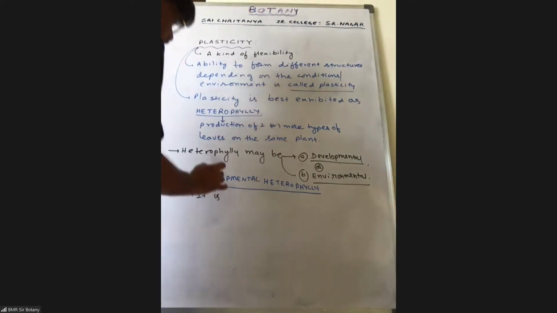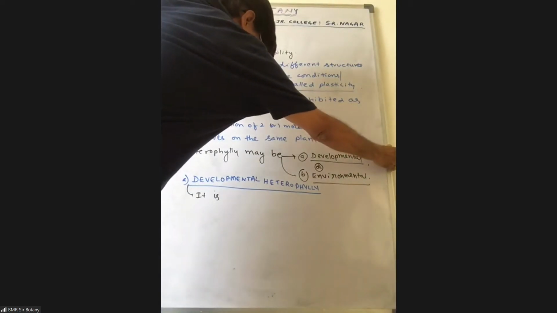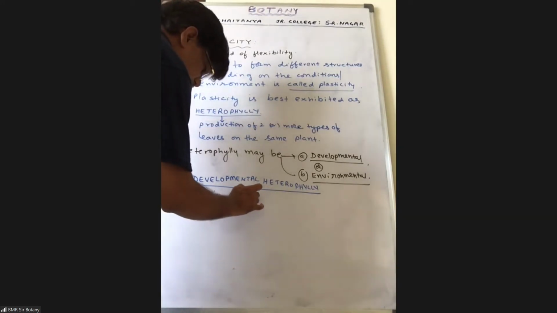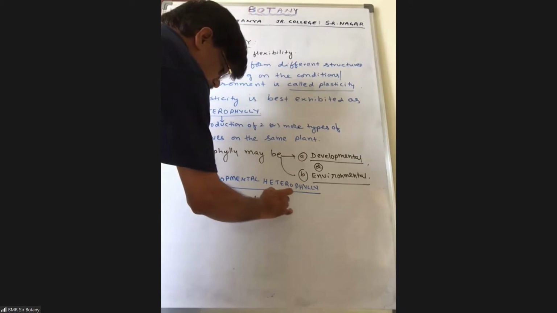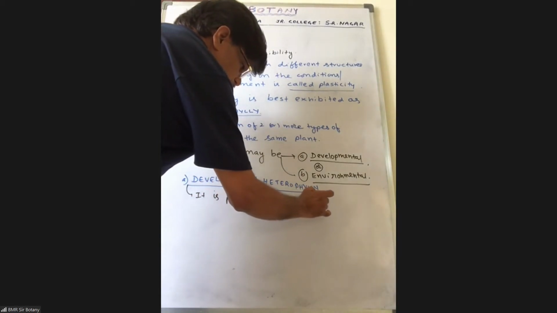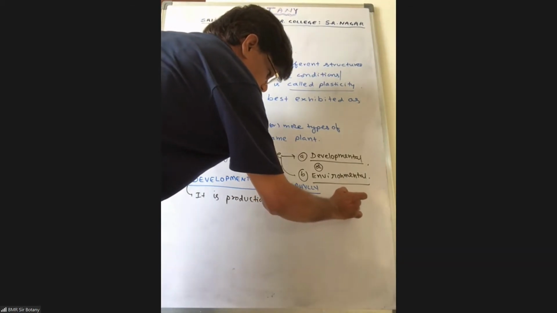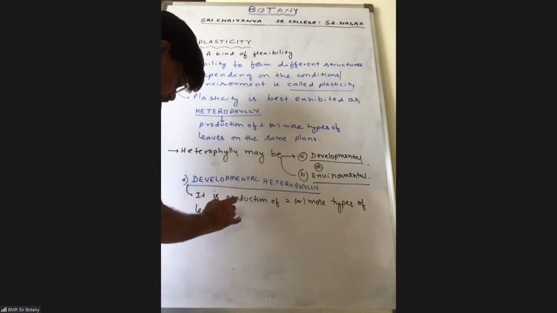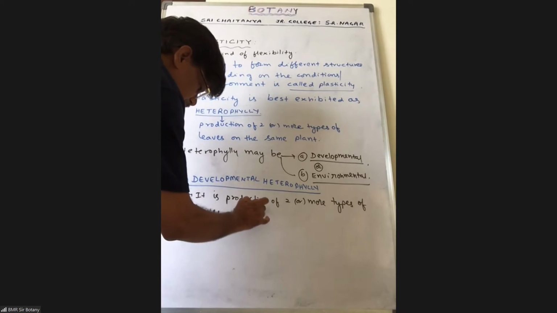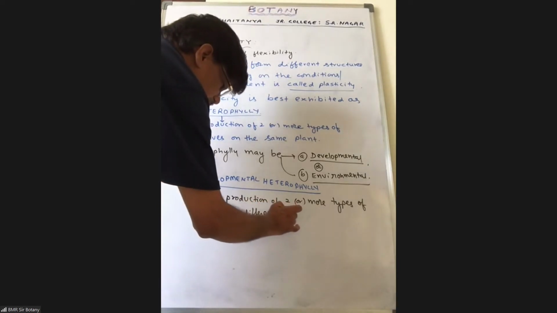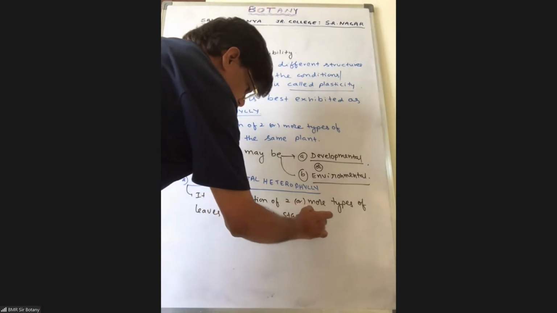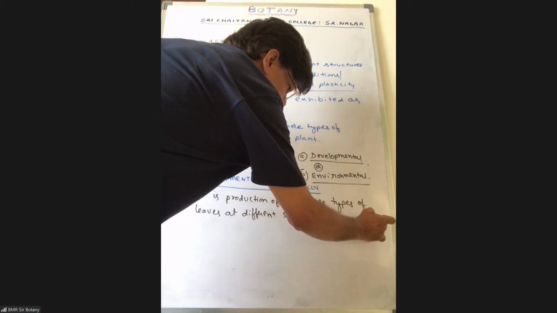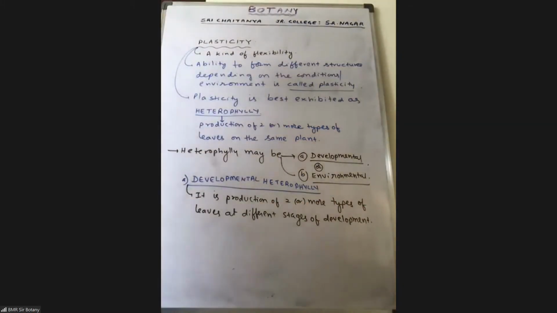It is the production or formation of two or more types of leaves at different stages of development, called developmental heterophily.